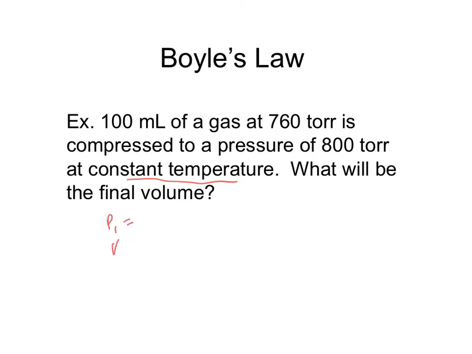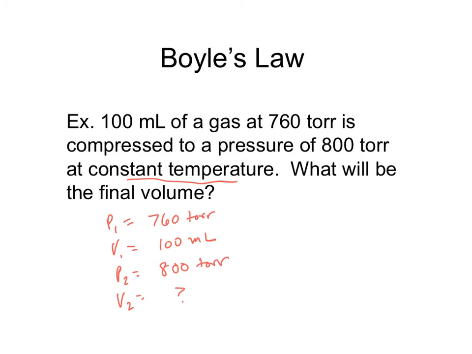P1, V1, P2, V2. So P1 is 760 torr, and V1 is 100 milliliters. Change to P2, 800 torr. And V2 is what you're looking for.